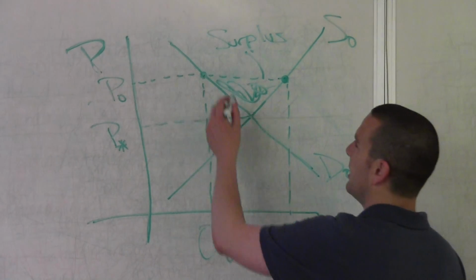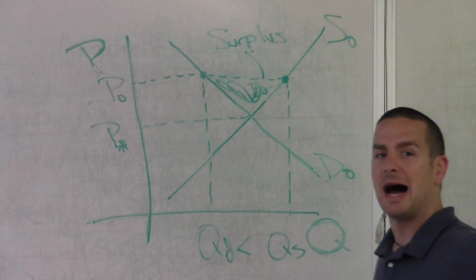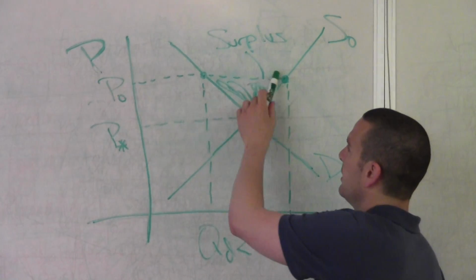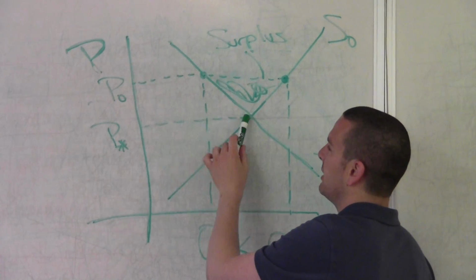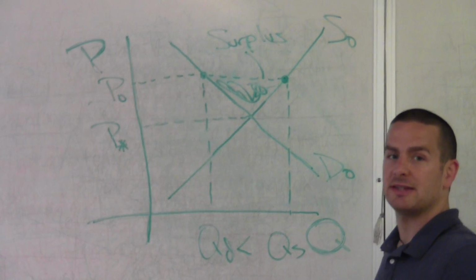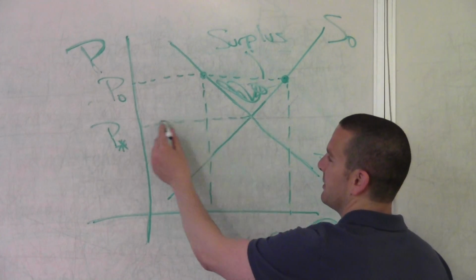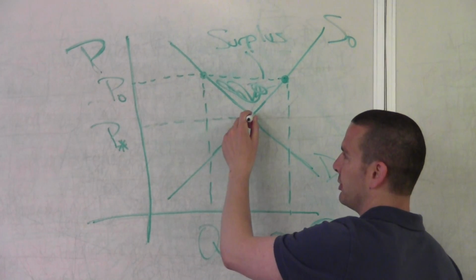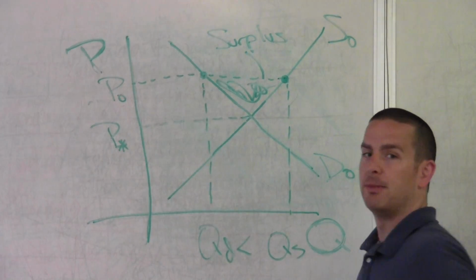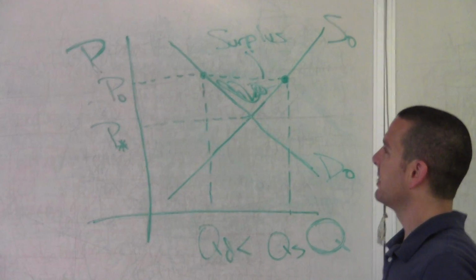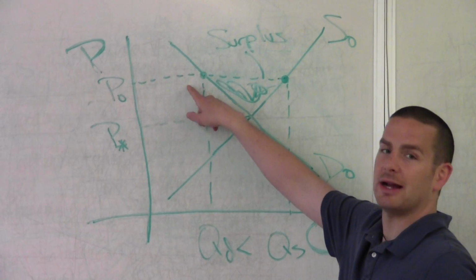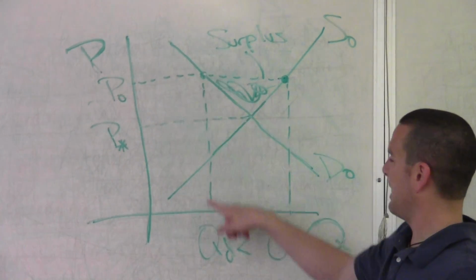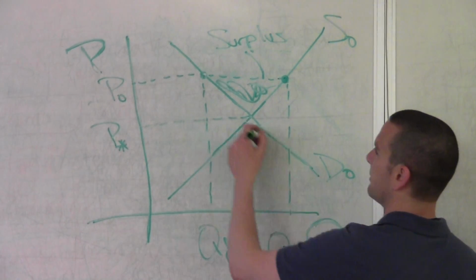Okay? So if you end up with a price that's too high, relative to the market clearing price, right? This is the price that would clear the market. This is what would produce equilibrium. But instead, we ended up having a price that's so high. This is our quantity demanded, right? Demand curve.